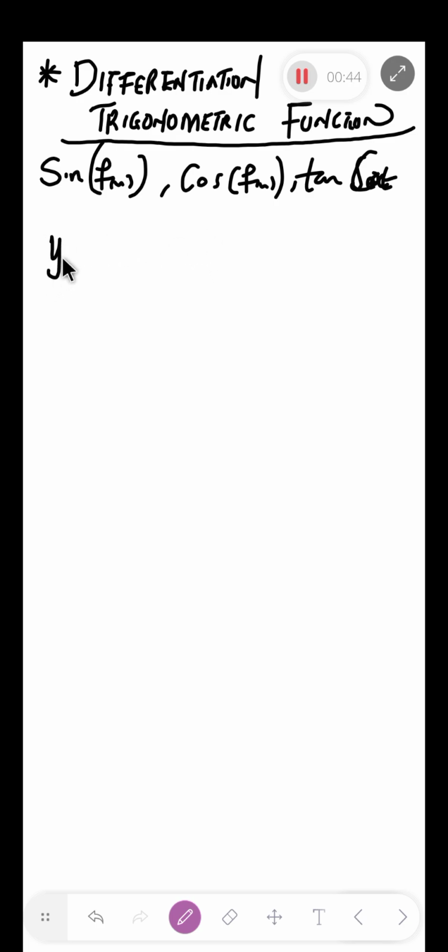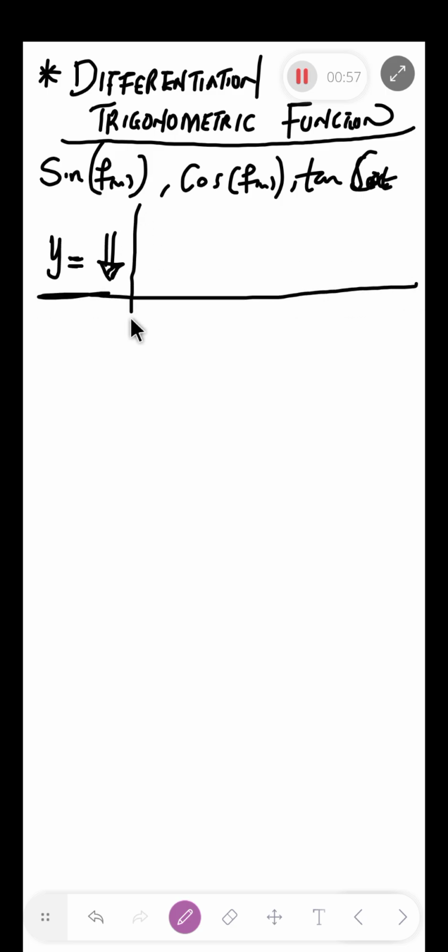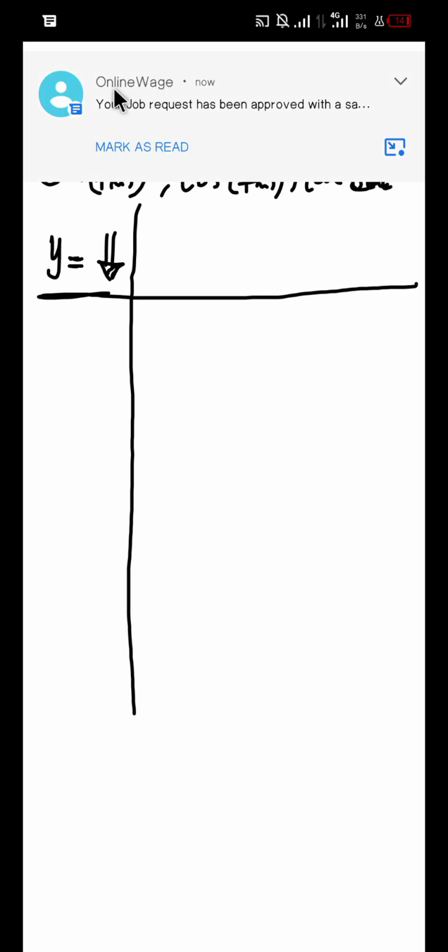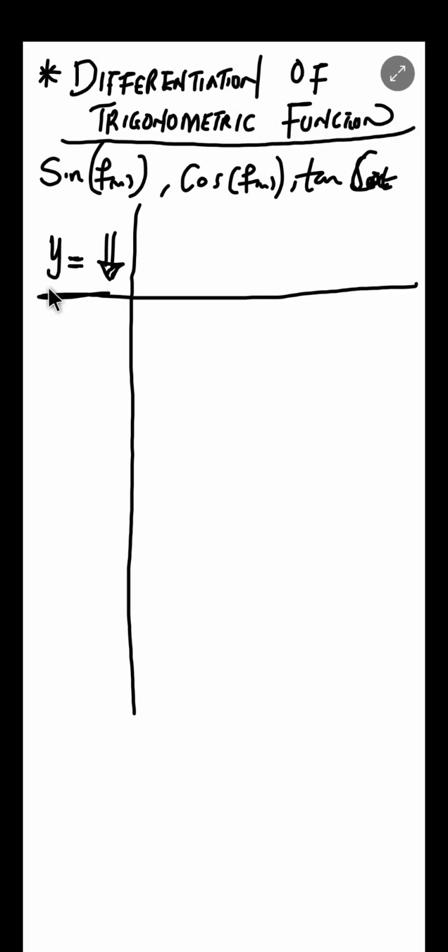We say that if y is equal to anything I have under this column, let's say we have a table. After tabulating this, I'll write: if y is equal to sine of a function f of x.